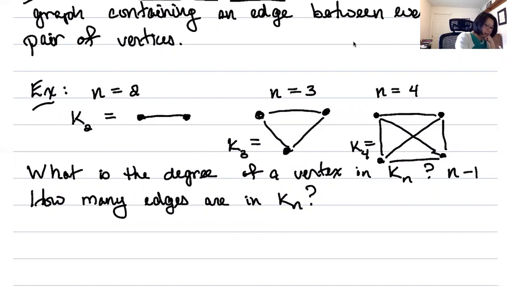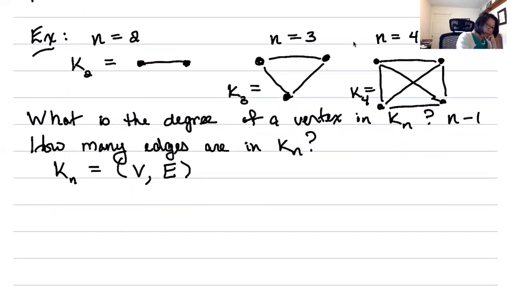So I know that the degree is n minus 1. So if Kn is equal to a vertex set of n vertices and a set E of edges, then I know that if v is in V, then its degree has to be n minus 1.